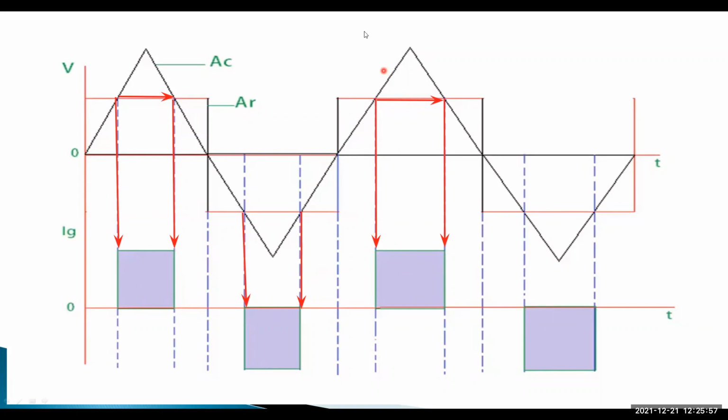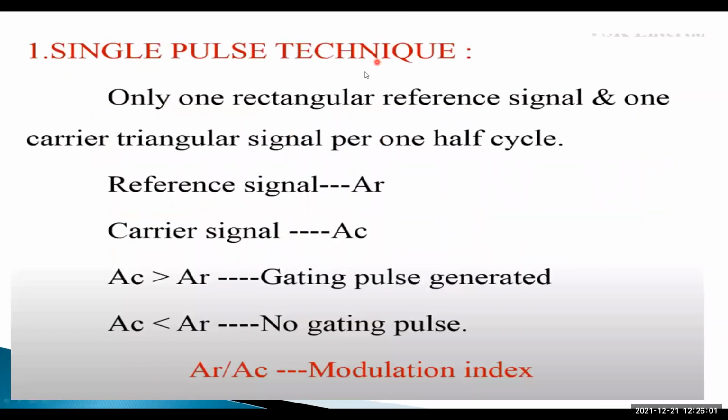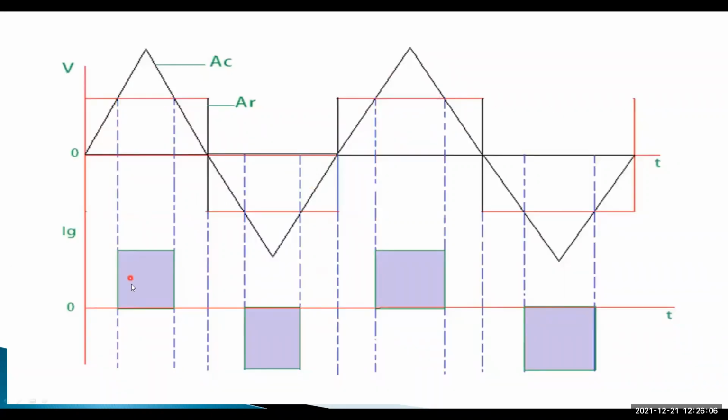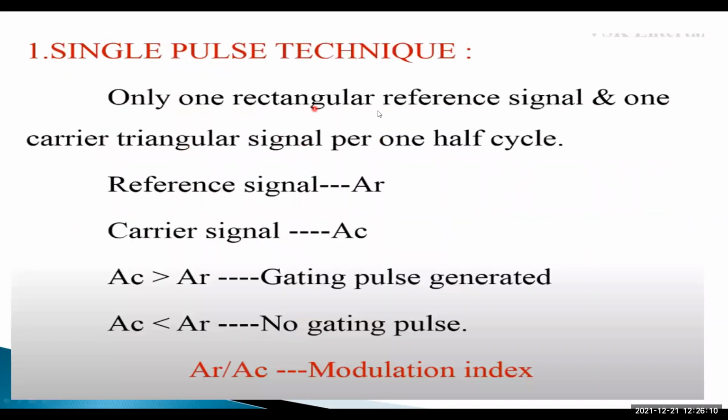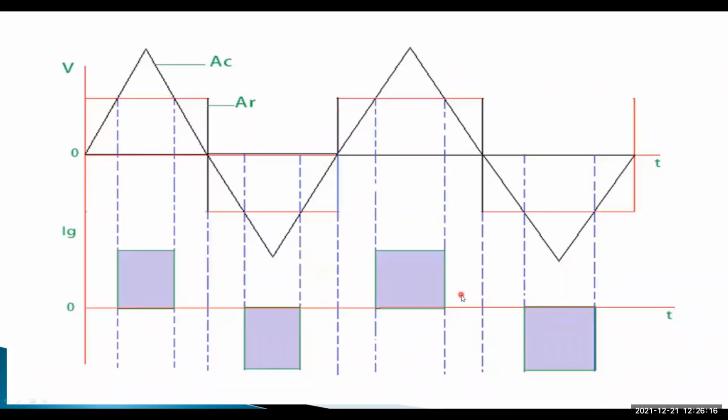Gate pulses are generated according to the single pulse technique. In this, there is one rectangular reference signal and one carrier triangular signal. If AC is greater than AR, the gate pulse is generated like this.